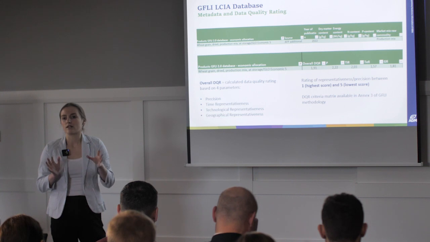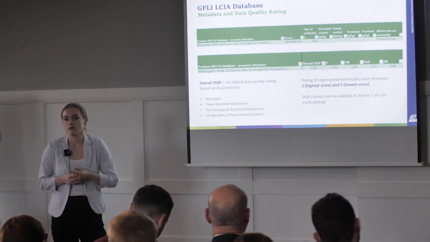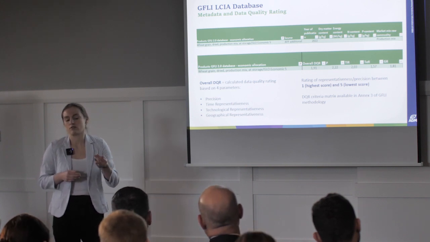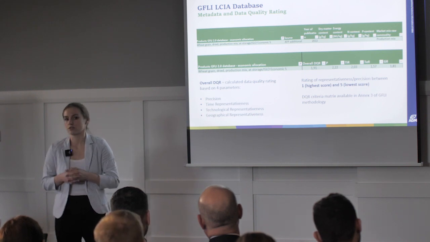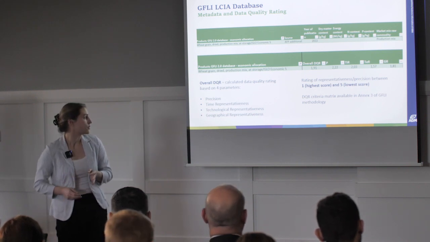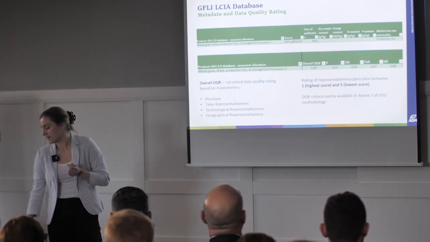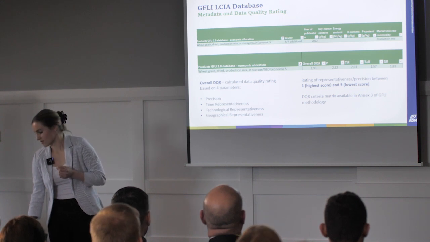So in the end, the DQR just gives you a quick overview, or at a quick glance, what the quality is of the data, with high being a 1, that would be the highest rating possible, and 5 would be the lowest. So you can also have a closer look at the matrix in the annex of the methodology, if you're interested.